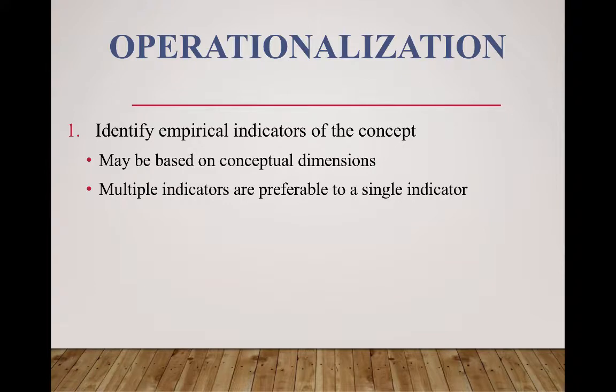All right, and then when it comes to operationalization, the objective is to identify ways of observing variation in the concept. The book uses the old idiom, if it walks like a duck, talks like a duck, it's probably a duck, right? This is related to step 1 of the 2 steps of operationalization. Step 1 is identify empirical indicators of a concept.